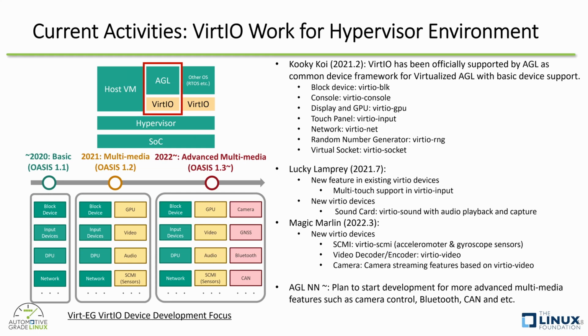So next year, in 2022, we will start discussion and development for more advanced multimedia features like camera control, Bluetooth and Vulkan GPU support, and also some automotive device specific features like CAN.